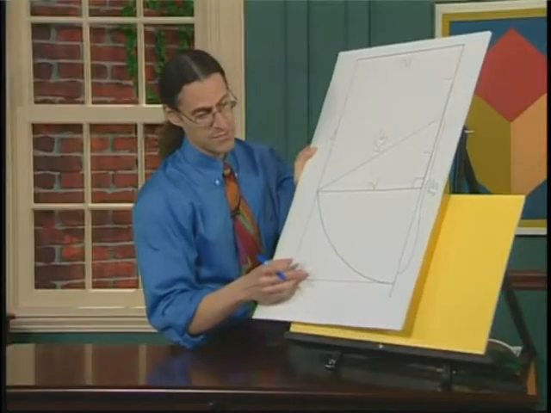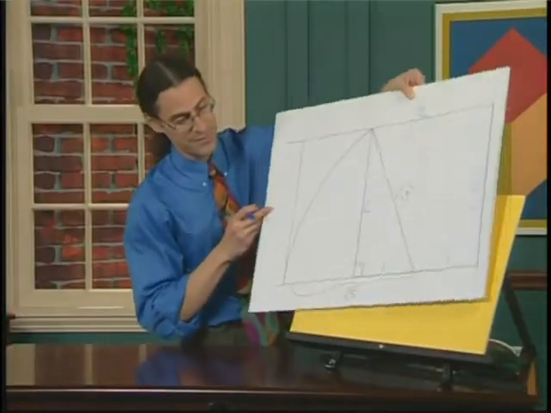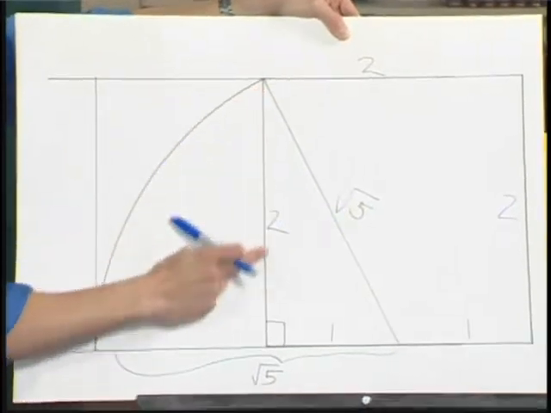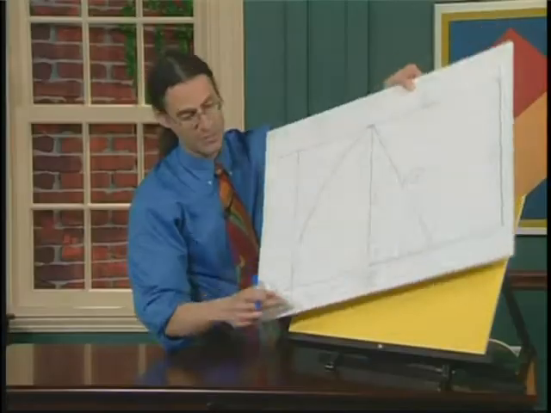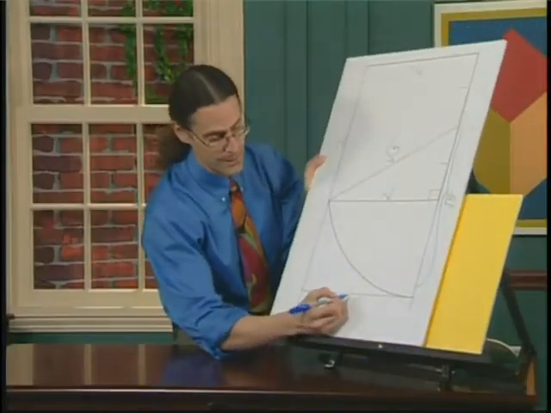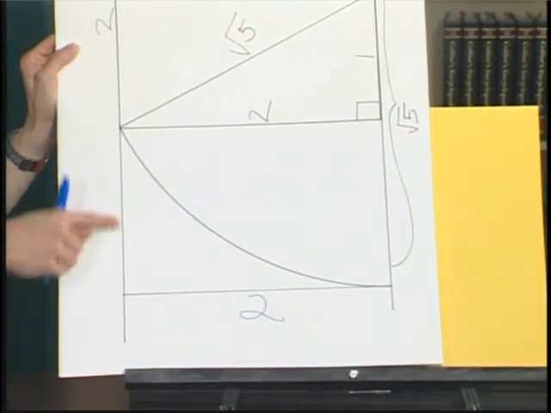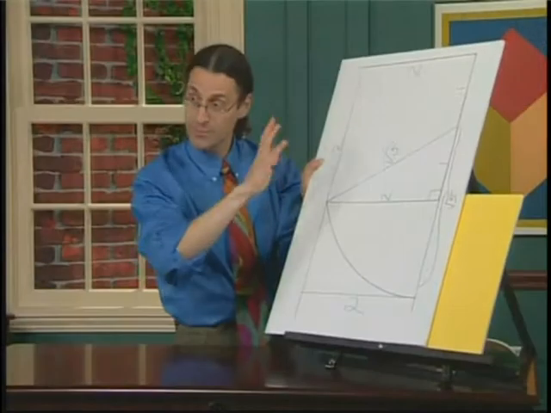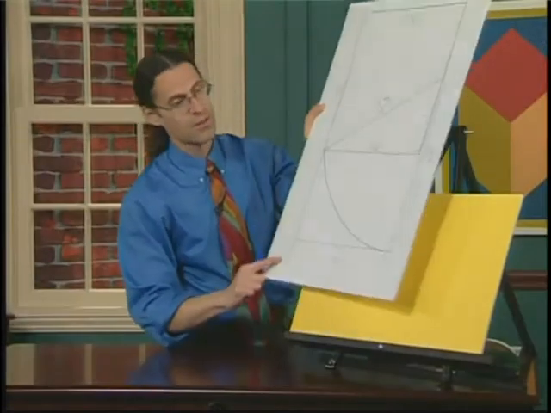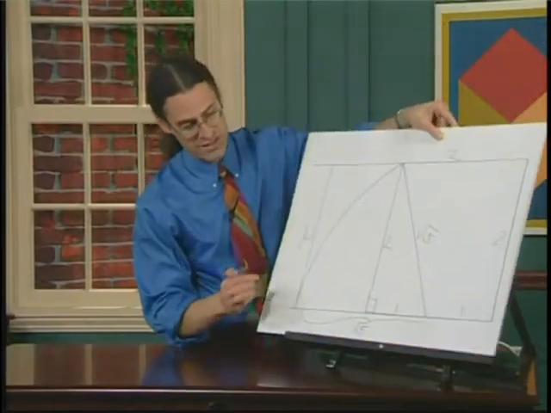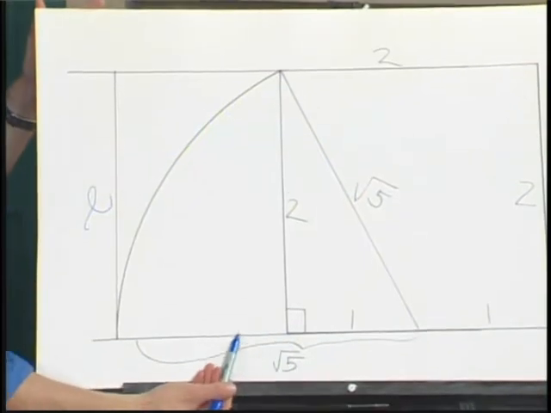What's the base? I'm going to turn it back again. The base, which is currently this length, is 2. So let me come back here and write 2 here. The height of this rectangle, well, let's turn it back one more time and see what that is.